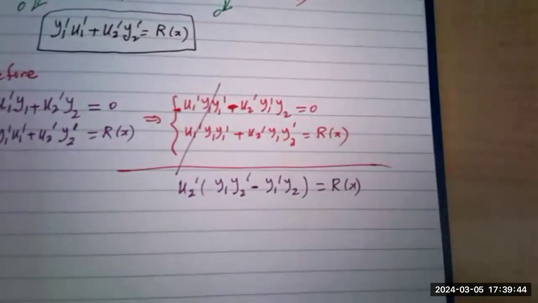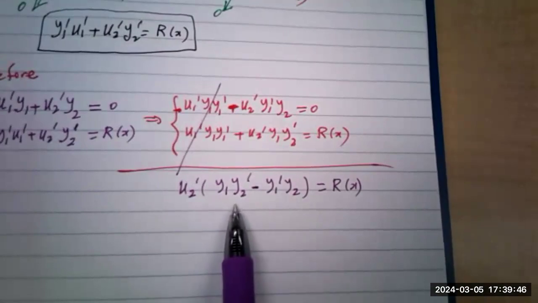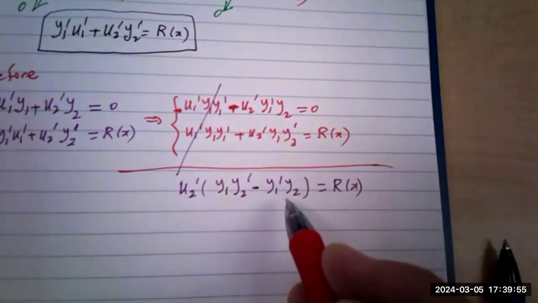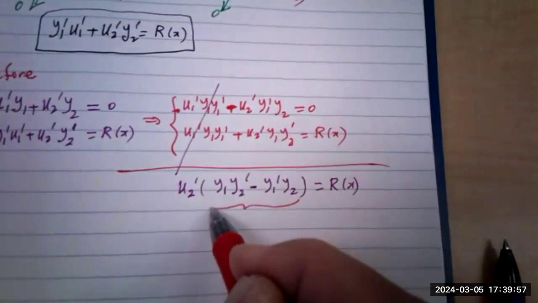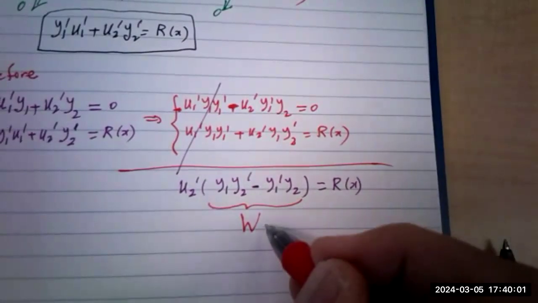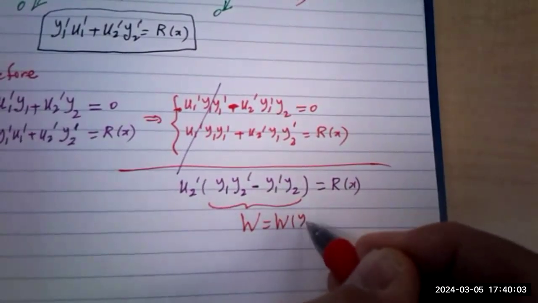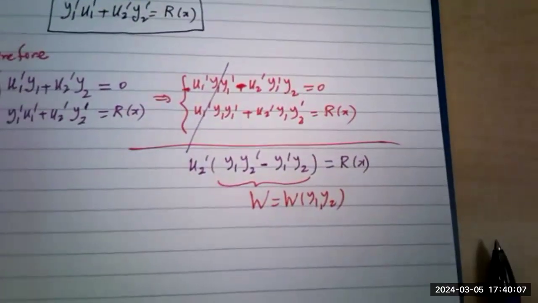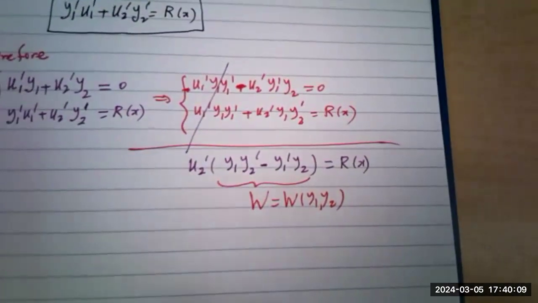What is this coefficient? Remember, is that the Wronskian? That's a Wronskian, yes. So this is going to be simply the Wronskian, W of y1 and y2. In short, we call it W. So we get the u2 prime.